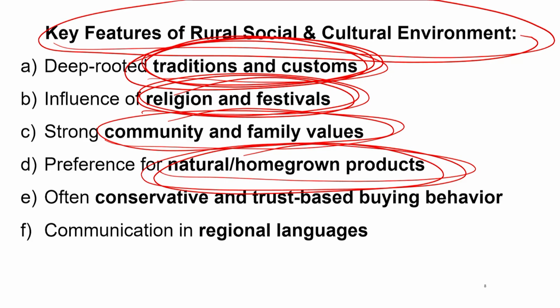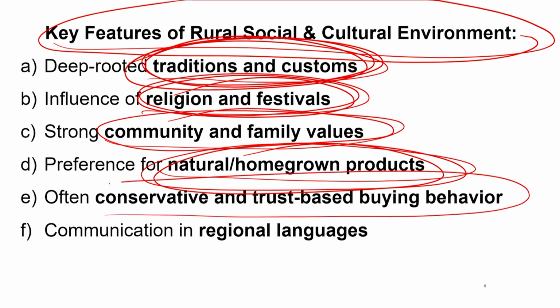But life is so fast and time is so short that they end up eating unhygienic or adulterated food. But when it comes to rural people, they will go by natural and homegrown products. Often conservative and trust-based buying behavior. Yes, rural people are more conservative. They don't trust easily.